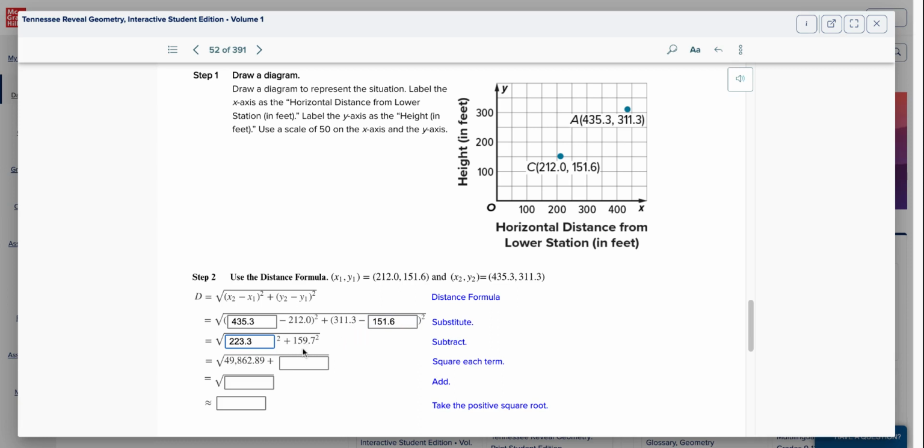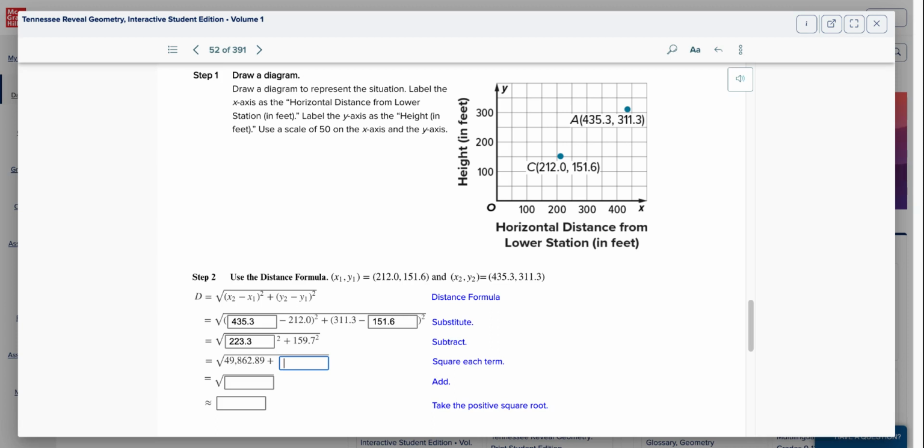And I want you guys to notice they're not squaring yet. And when you do, again, good habit is to put these in parentheses, because if your number comes out negative and you do not put it in parentheses before you square it in your calculator, it might possibly, depending on what calculator you got, give you the wrong answer. So I'm going to put in 159.7 in parentheses before I square it.